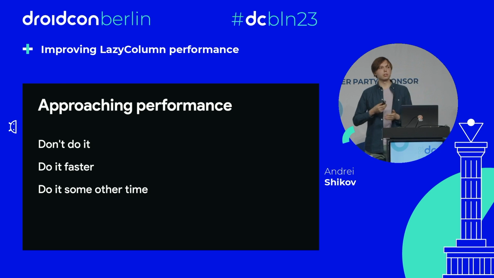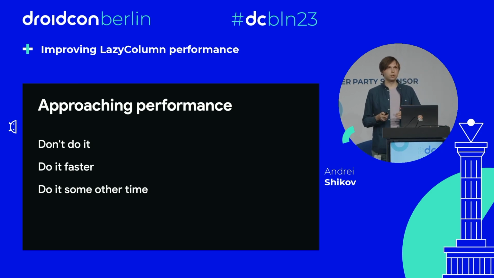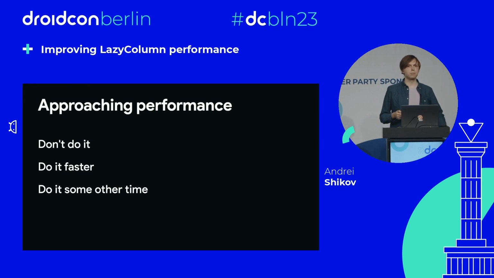The first thing you can do with a piece of slow code is just not execute it, or execute it less. This is optimization related to caching smartly, making sure you don't run this piece of code all the time, or, in the Compose case, that you're not invalidating composition all the time, so you don't have that many recompositions or other things.